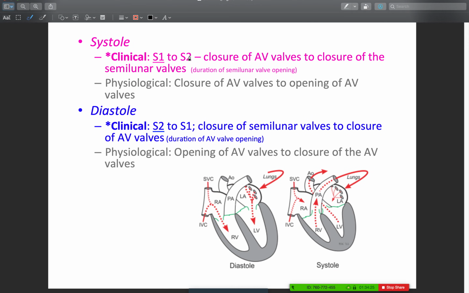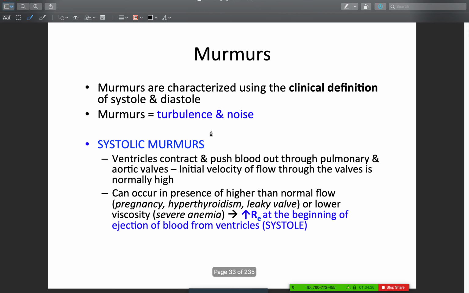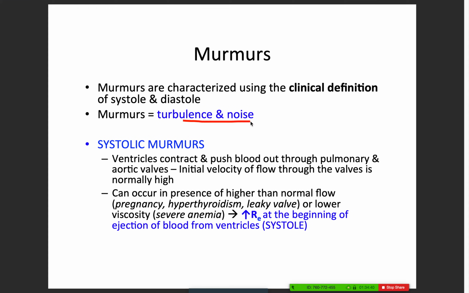Great. So systole, how we describe it clinically, is everything from S1 to S2. Diastole is everything from S2 to S1. In terms of murmurs, essentially it's just turbulence and noise. Depending on when you hear that turbulence and noise is going to give you a huge clue about where the murmur is coming from.